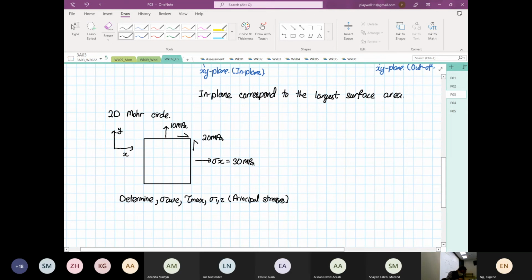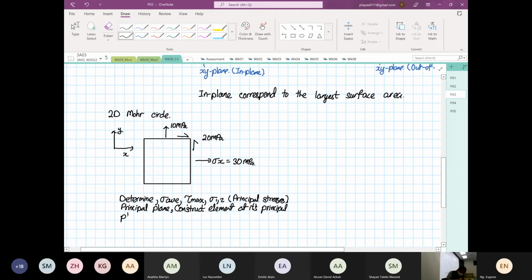Then we're going to find our principal plane. And then we are going to construct the element at its principal plane.